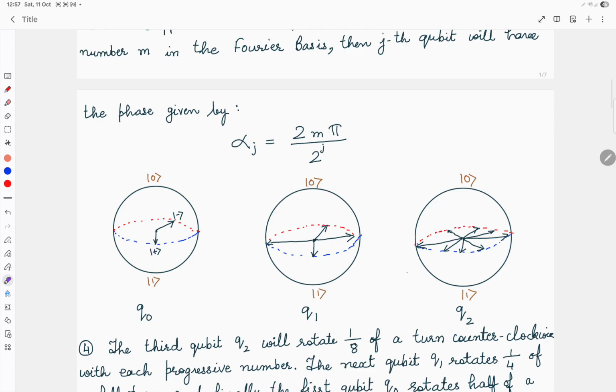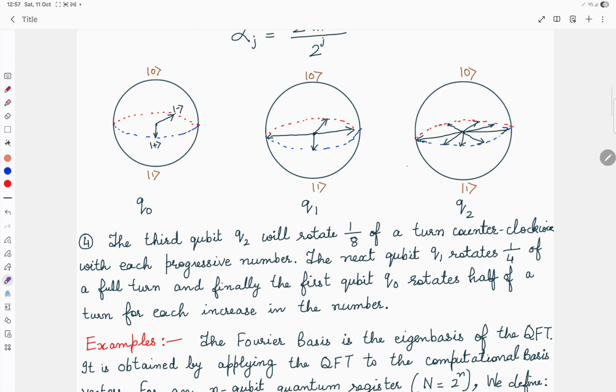In this case, this is ket plus and this is ket minus. So this is the positive x-axis and this is the negative x-axis. Now we will call these computational basis states the Fourier basis, right? So this is along the positive x-axis or negative x-axis. Depending on the weight of the qubit, the rotation will take place.